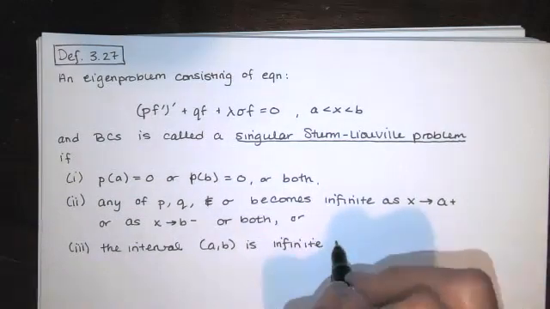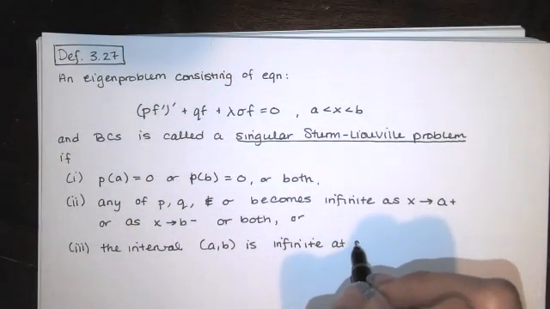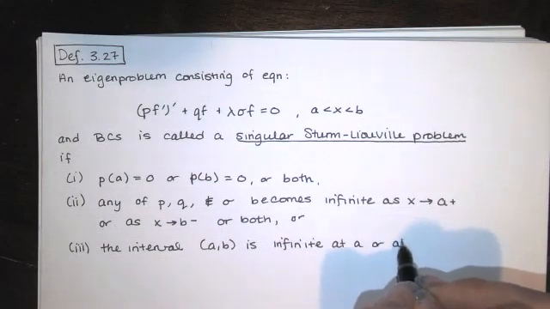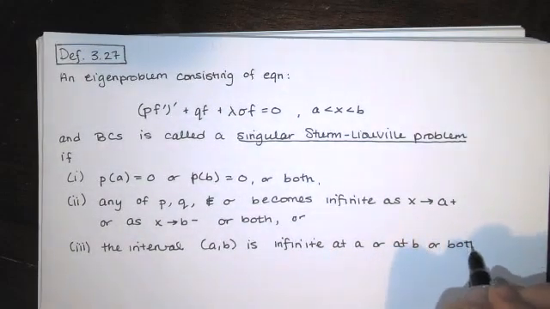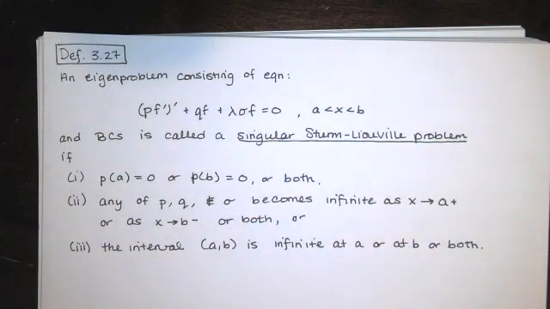So it might be infinite at x equals A, or at B, the left side, or both. So that's a singular Sturm-Liouville problem.